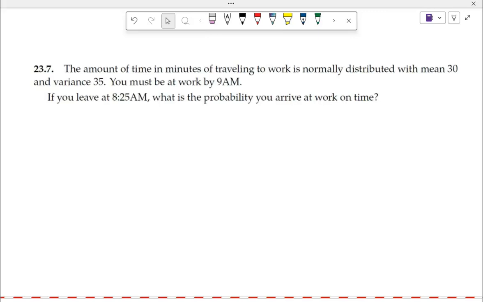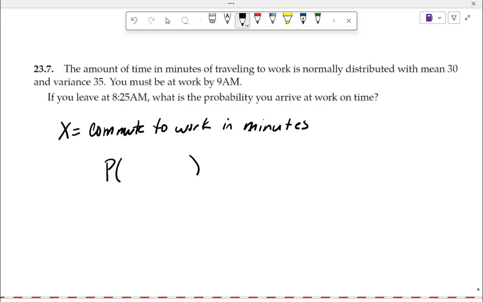So if X is your traveling time, what probability are you looking for? Good. So if we let our X be our commute to work in minutes, then we want that X to be less than 35.